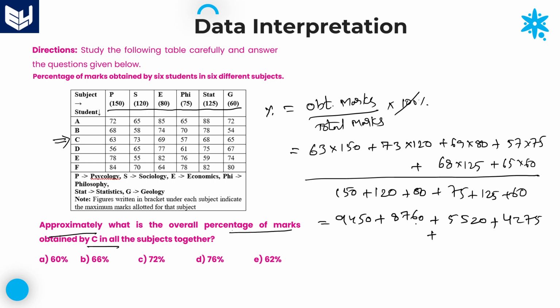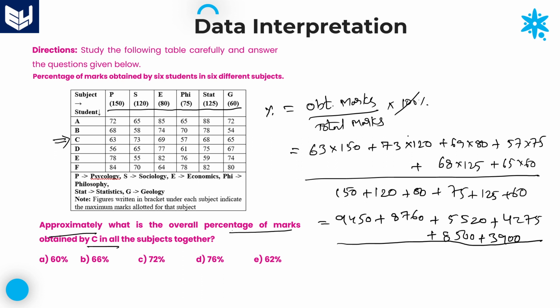Sometimes there is a chance of needing to calculate all the values. Definitely you need to calculate in that case. 65 into 6, that is 390, and one more 0 is there, you can keep the 0. Whole divided by total marks.